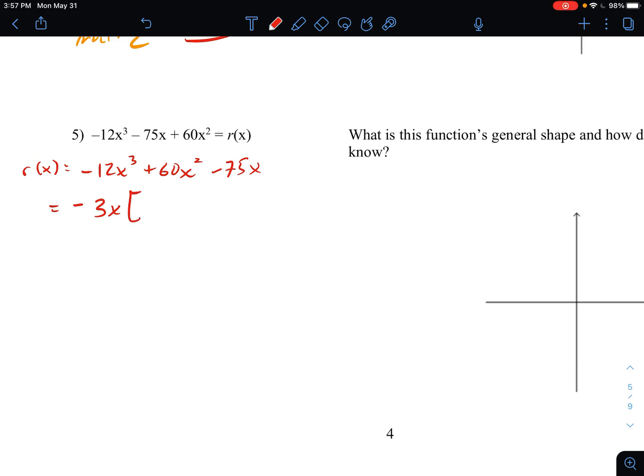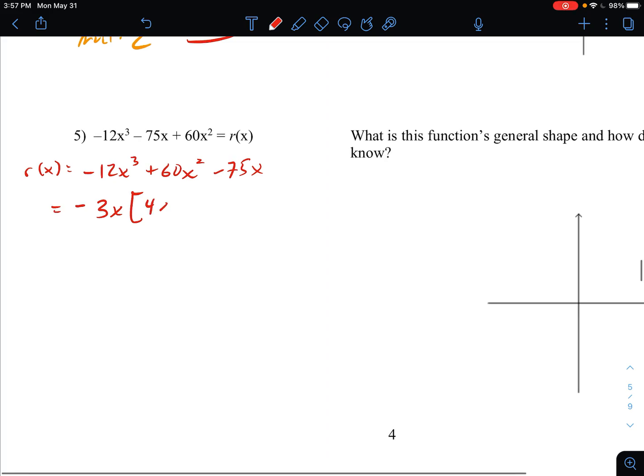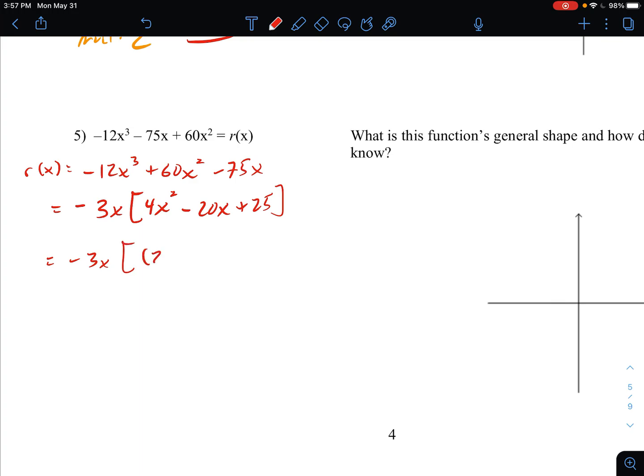That'll make the factoring easier. So if I pull out a negative 3x, I get 4x squared minus 20x plus 25. This factors as 2x minus 5 times 2x minus 5.